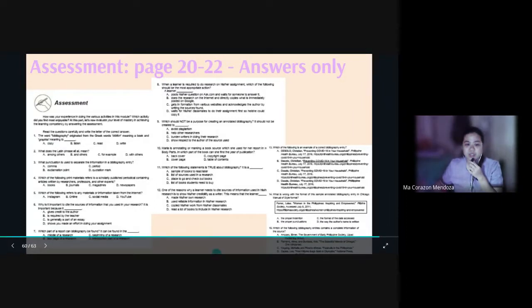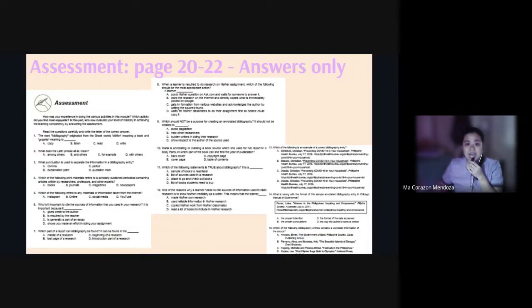That's how you will answer it, 1 to 15. The last activity that you will answer is the assessment from pages 20 to 22.